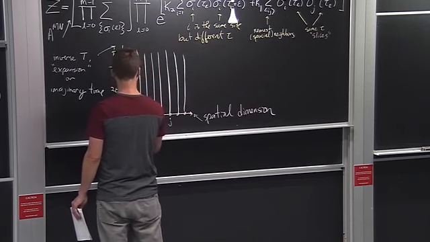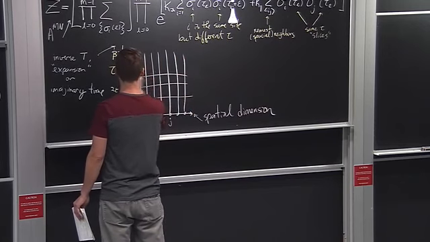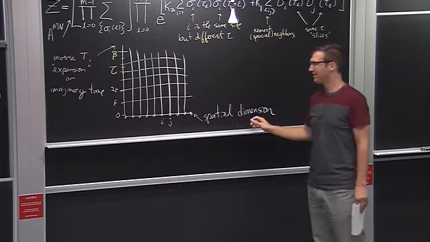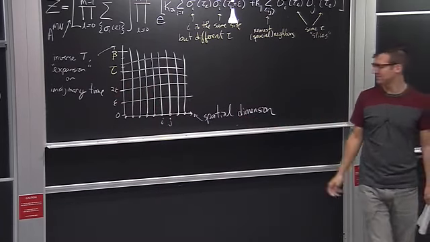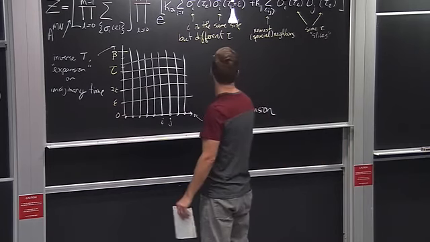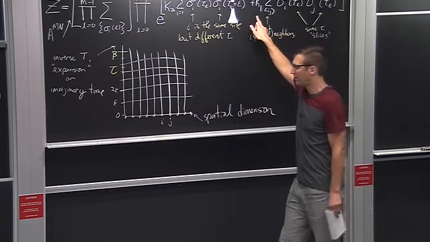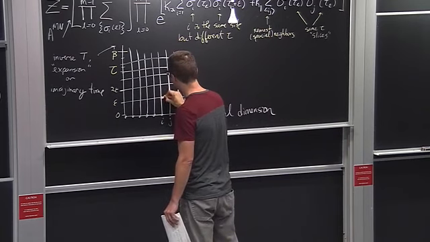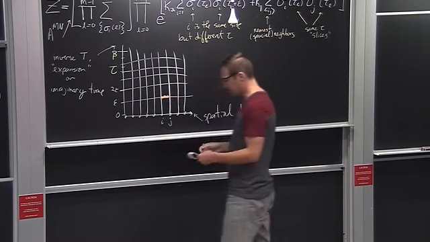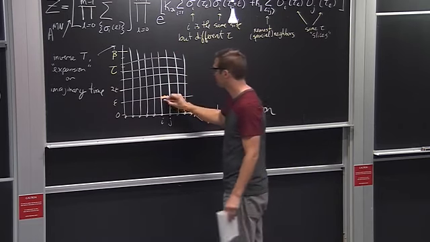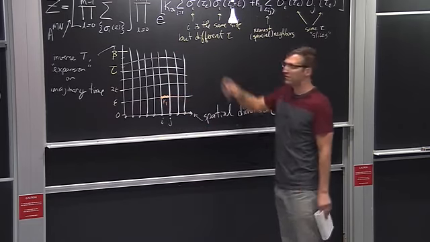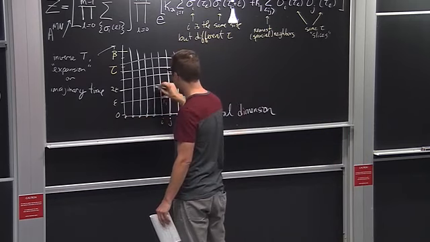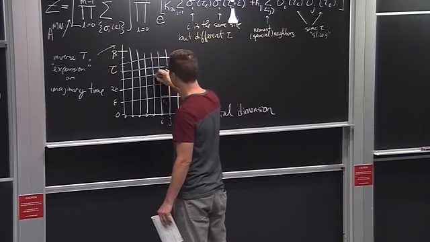Okay, well, it's a crummy lattice, but all this is a two-dimensional lattice. The interaction K1 occurs between nearest neighbor sites, and the interaction K2 occurs between same sites but different times.